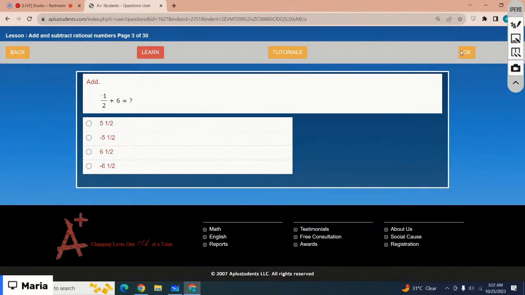Okay, negative 1 over 2 plus 6. You need to subtract half from 6, right? When you subtract half from 6, it would be 5.5.